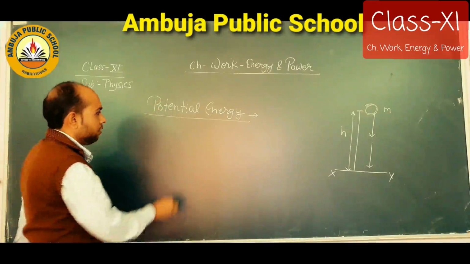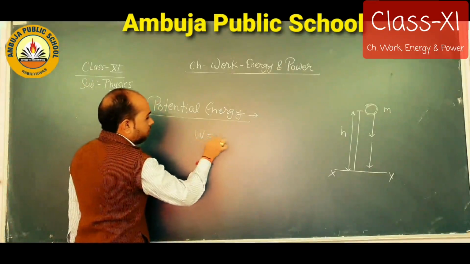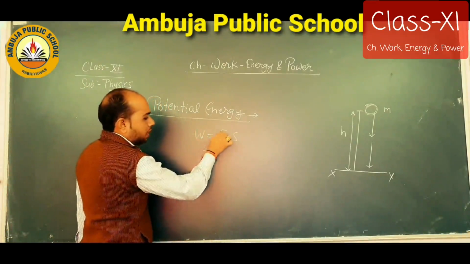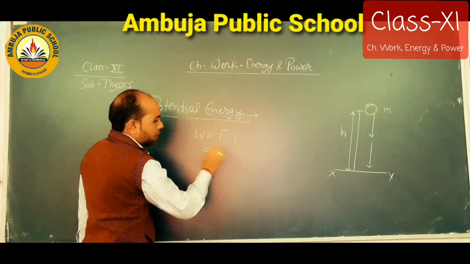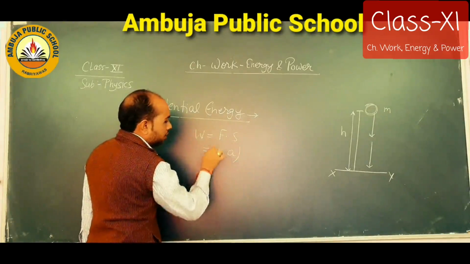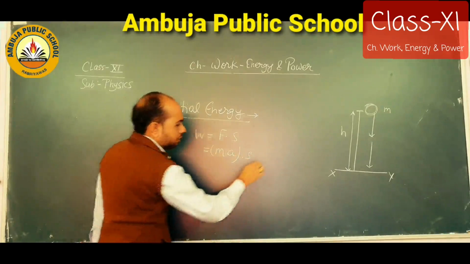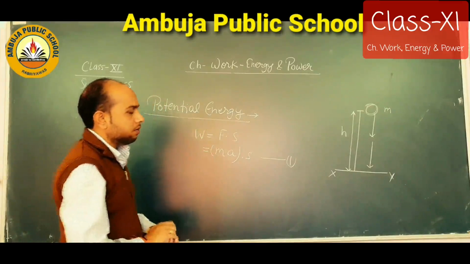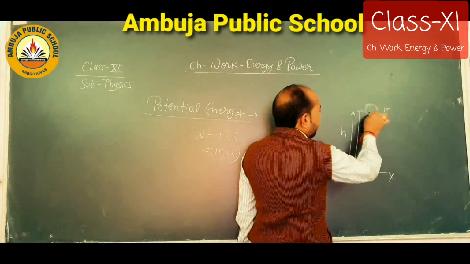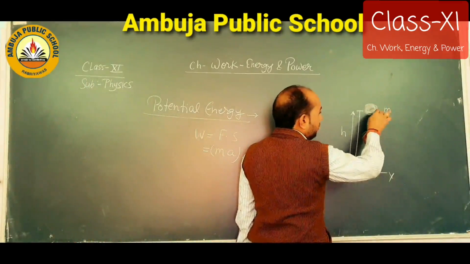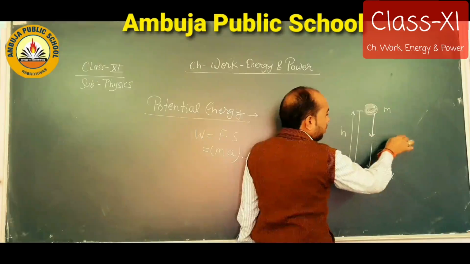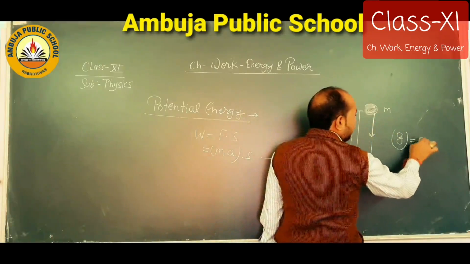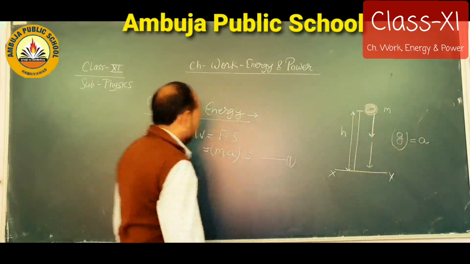In this situation we again find out work done, and this work done is counted as potential energy. Work done means force into displacement. Now again force is equal to mass into acceleration along with displacement s, say equation number 1. Now what is the change here? Here object m freely falls under gravity. That means normal acceleration a is to be replaced by g.